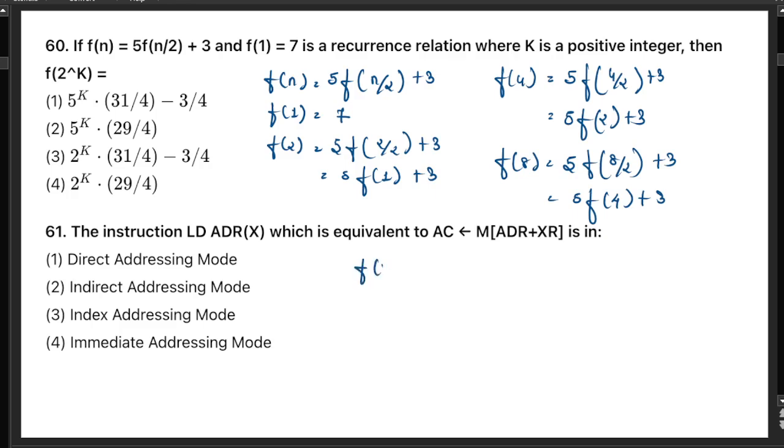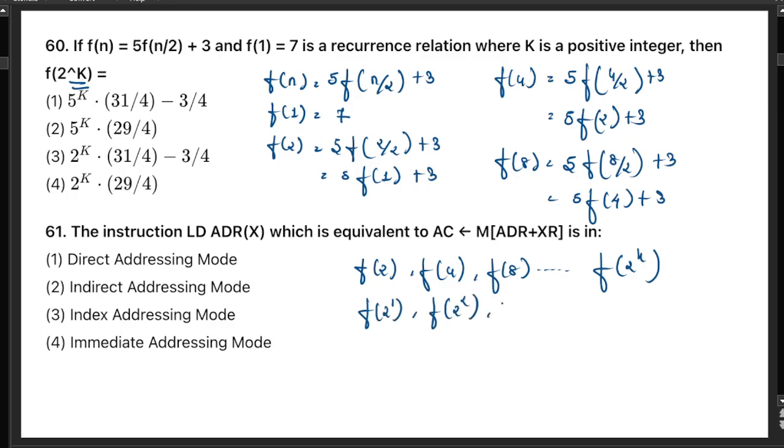If we generalize the pattern for f(2), f(4), f(8), let's take it to f(2^k), as they said here, because here it is 2 to the power 1, this is 2 to the power 2, this is 2 to the power 3, and if we generalize this to 2 to the power k, they have said that k is a positive integer.